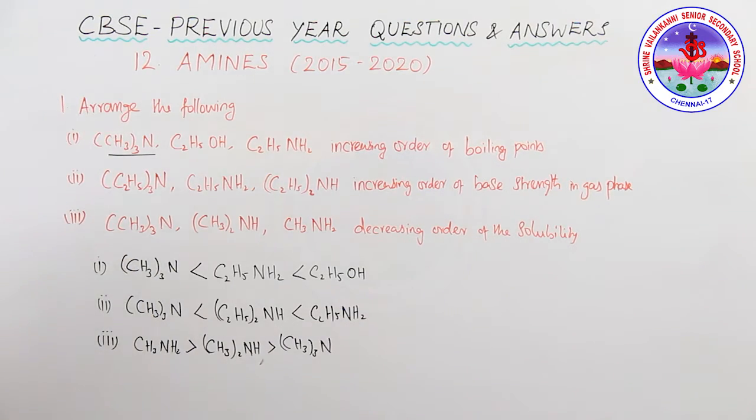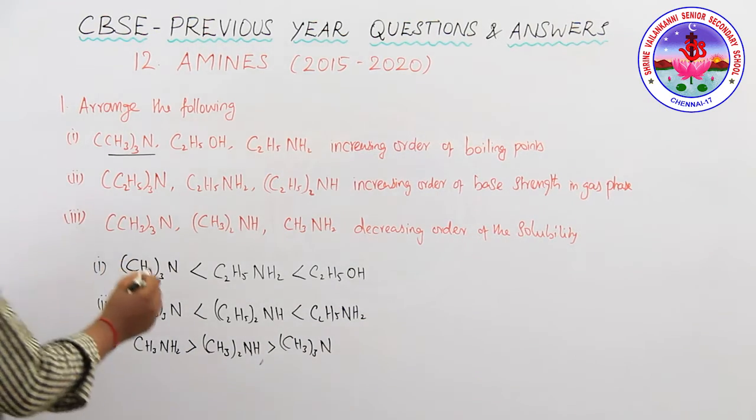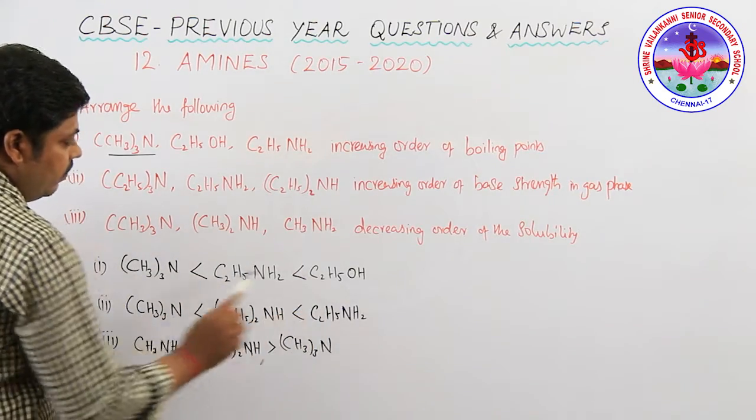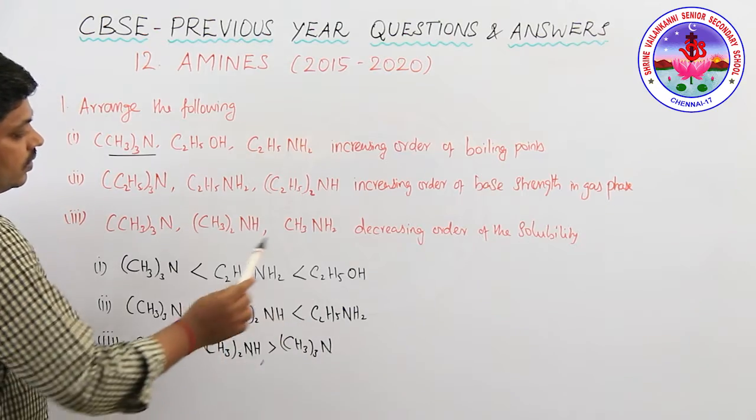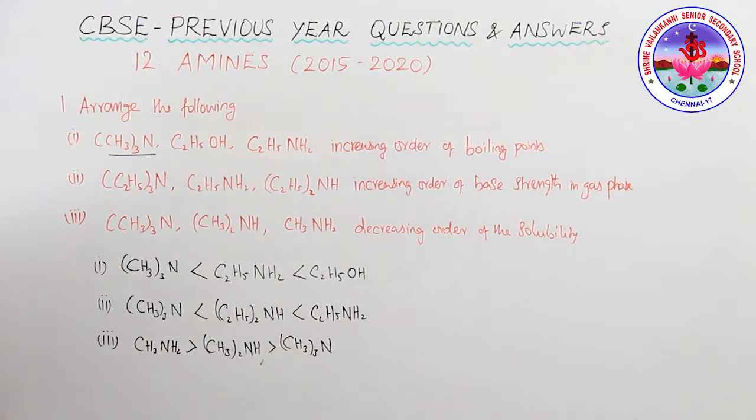So this is the arrangement for the following questions: the first, increasing order of boiling points; the second, increasing order of base strength in gas phase; the third, decreasing order of solubility. So this is the answer.